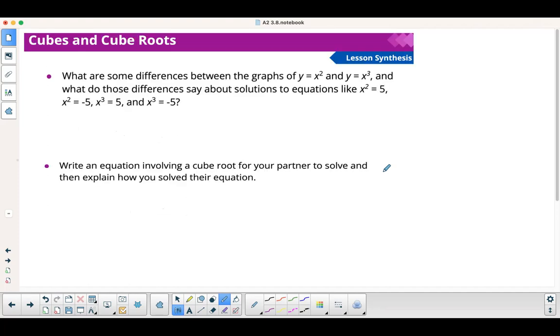All right. Lesson synthesis. What are some differences between the graphs of y equals x squared and y equals x cubed, and what do those differences say about the solutions to equations like x squared equals 5, x squared equals negative 5, x cubed equals 5, x cubed equals negative 5? So y equals x squared looks like that.